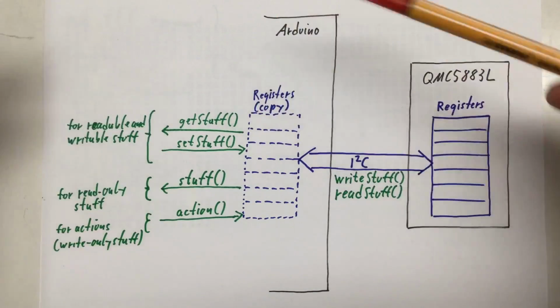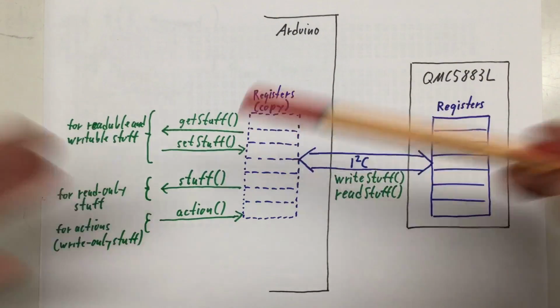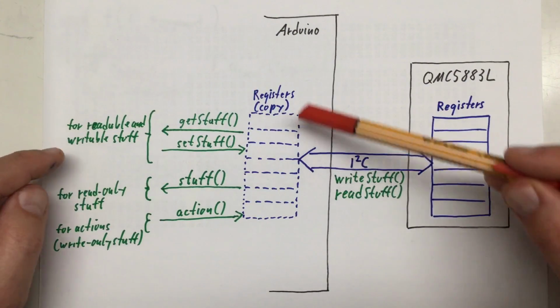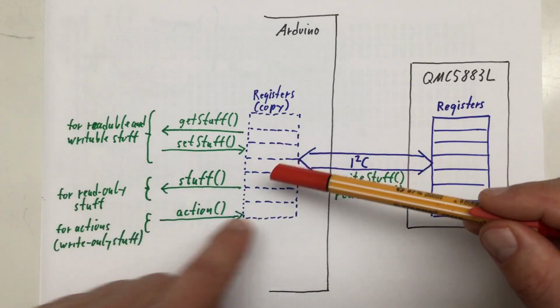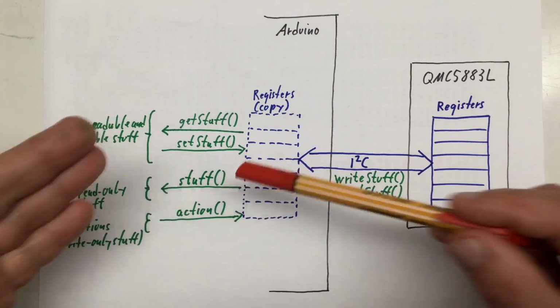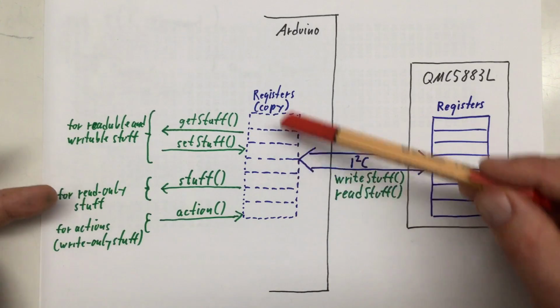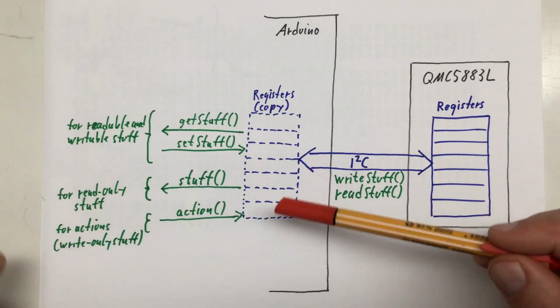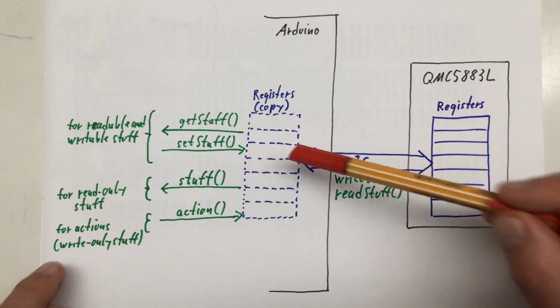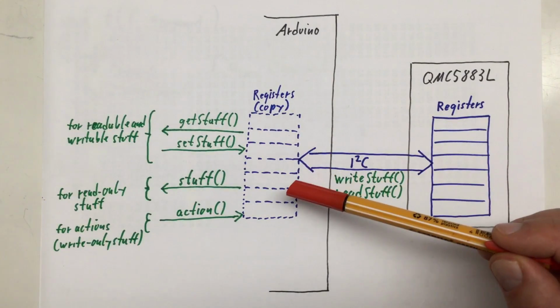So we could have a set of get stuff and set stuff methods here for the readable and writable stuff inside the registers. Some just stuff methods that are really functions and give you read-only stuff from the registers, and some action methods that set write-only things inside the registers.